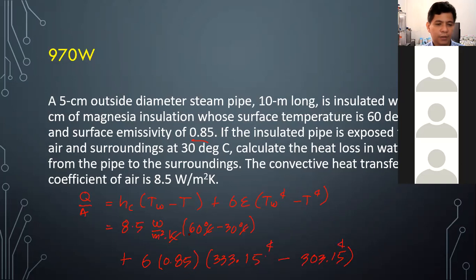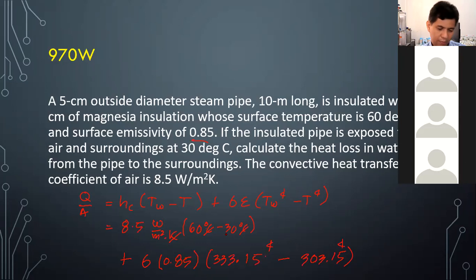No? So just use your calculator. Kuha ng calculator para hindi mainip. So, pasok nyo yan. So 8.5, okay, times 30, 60 minus 30 plus 6, no, that's not 6, that's shift constant for 9, that's sigma, ano, times 0.85 times 333.15 raised to the 4 minus 303.15 raised to the 4.